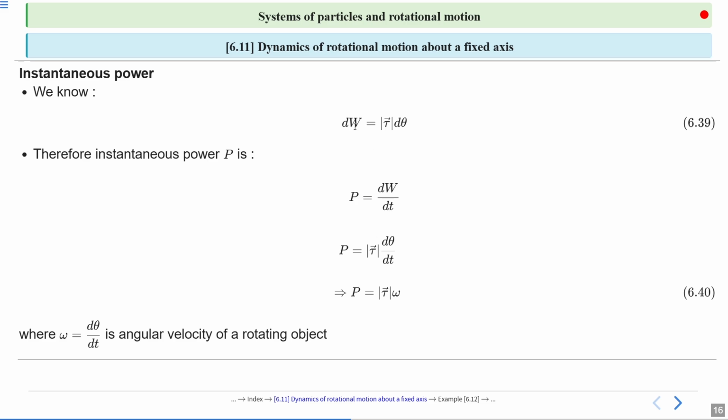You will get this one. And P is equal to mode of tau into omega. Here omega is d theta upon dt, or we can say the angular velocity of a rotating object. So this is the instantaneous power in terms of torque. All right.